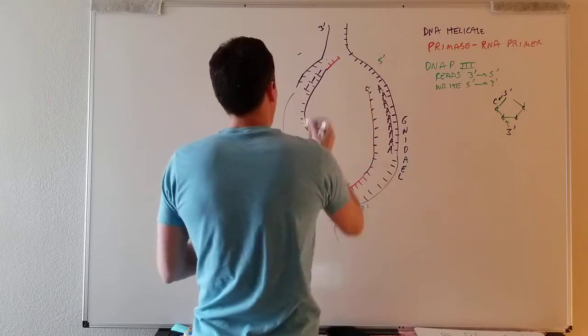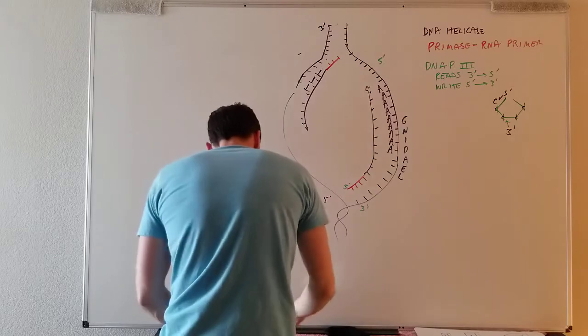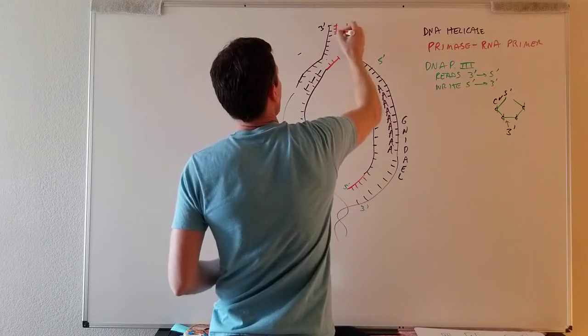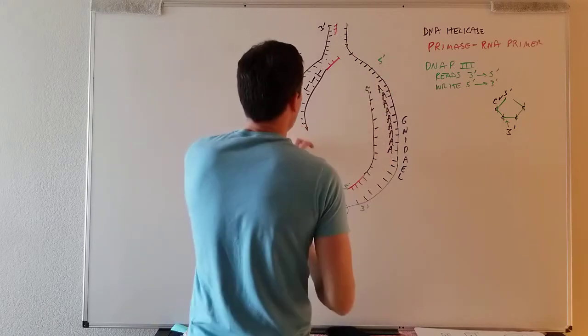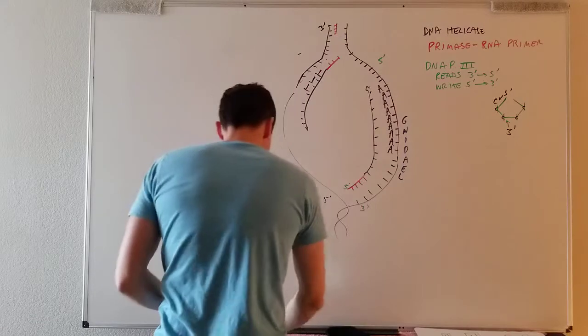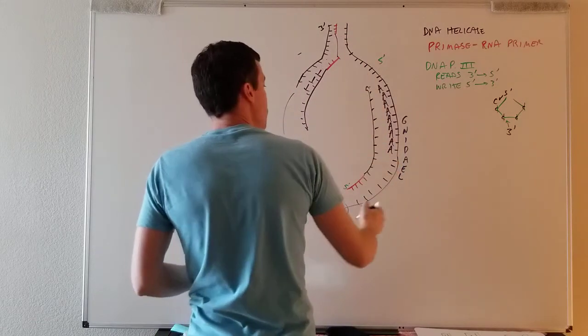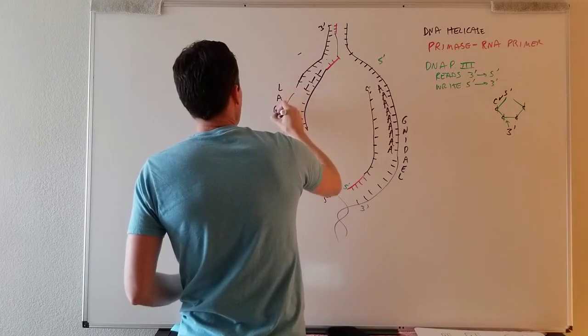Then now, to copy that side, I've got to put down another piece of primer. So primase will come in and put down another piece of primer. And then my DNA polymerase 3 has to unlatch and grab on there and then build this strand. So this is the leading strand. This over here is the lagging strand.